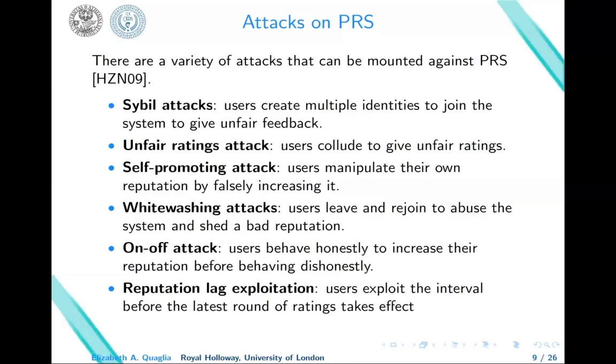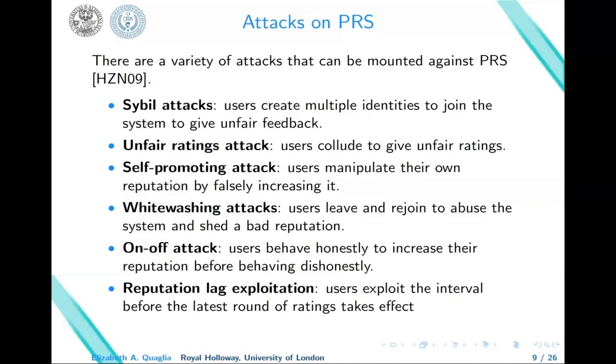There are attacks known as whitewashing attacks, where you leave and rejoin to abuse the system and shed a bad reputation. Or an on-off attack, where you behave honestly up to a certain point, where you then behave dishonestly. And there are also ways to exploit the interval before the latest round of ratings takes effect to behave badly.